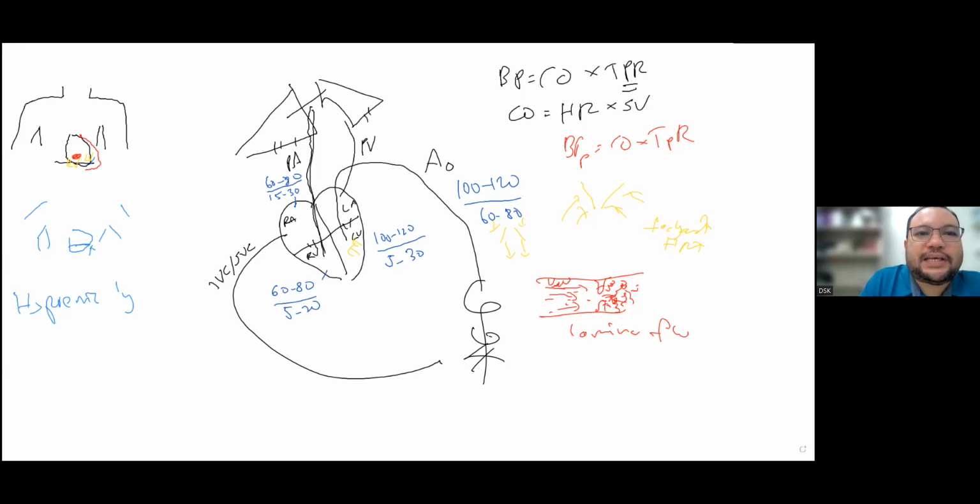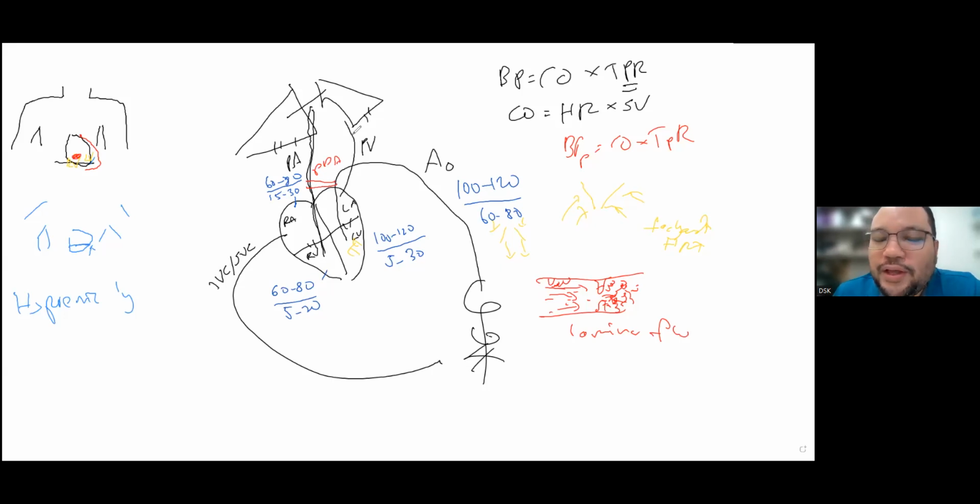What happens if you have this tube that connects from your PA to your AO. What is this? PDA kan? PDA. PDA, patent ductus arteriosus. It connects between PA and AO.